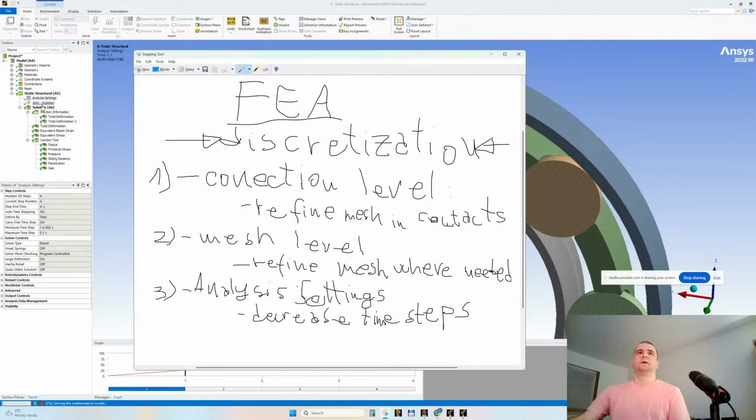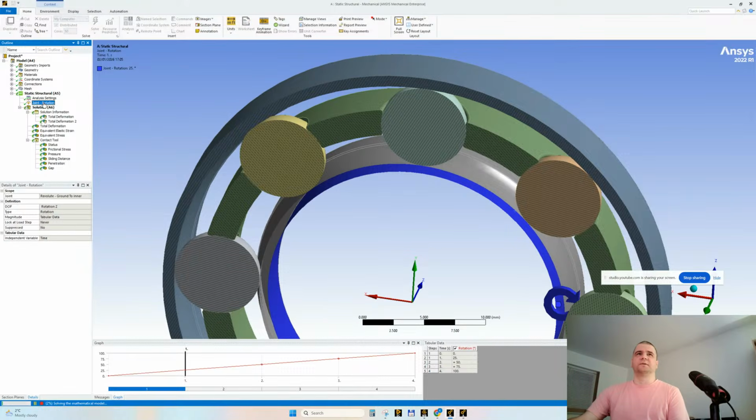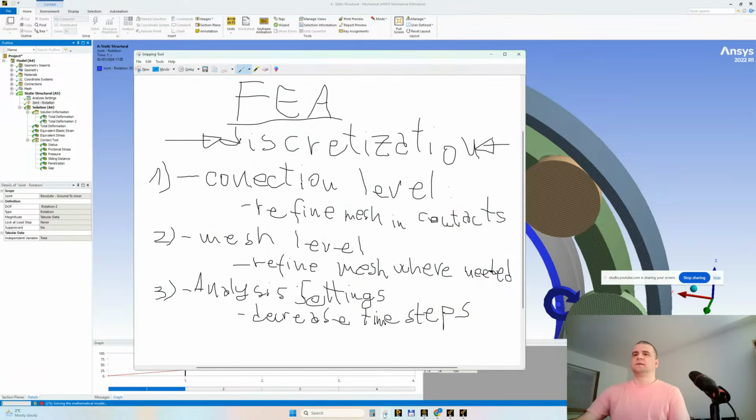And for this one, related to boundary conditions, okay? To loads. I will say gradually apply loads. Yeah, gradually.